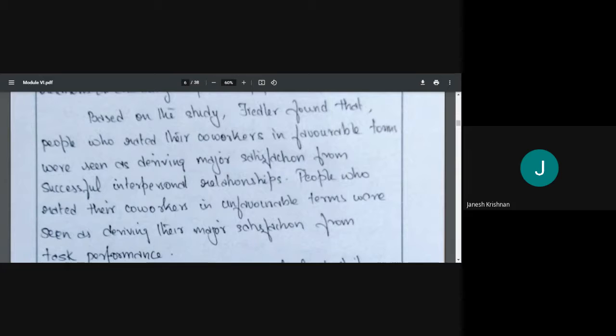According to his study, Fiedler asked all the workers to rate their co-workers, and those co-workers who tried to get a good relationship with others got a higher rating, favorable terms, than a person who was task oriented. Persons who were task oriented got a lower rating.